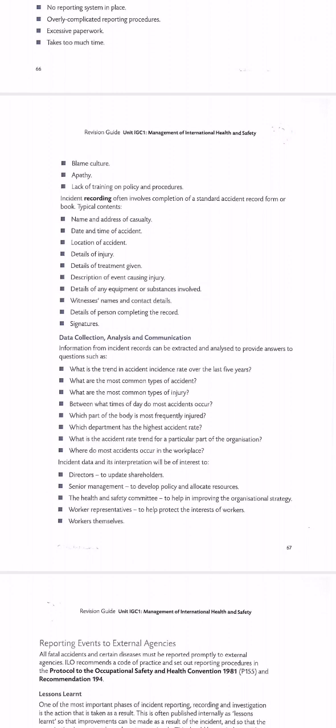Then we're talking about data collection, analysis and communication, right? Information from incidents and recording can also be extracted and analyzed to provide answers to the following questions. Number one, what is the trend in accident or incident rates over the last 5 years? What are the most common types of accidents?